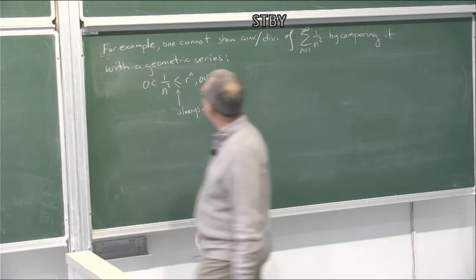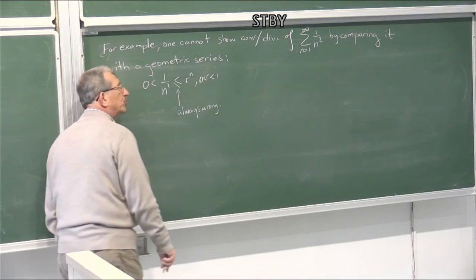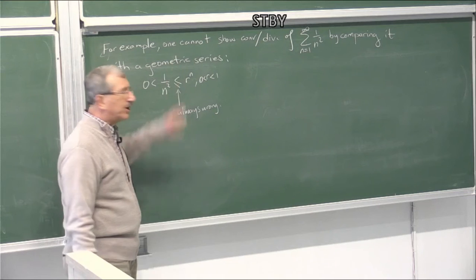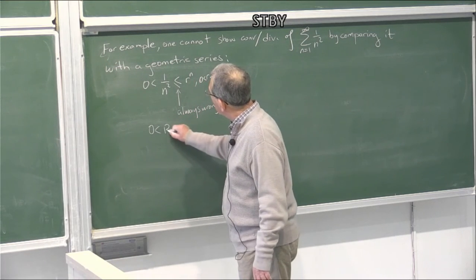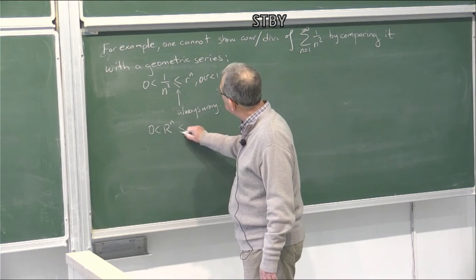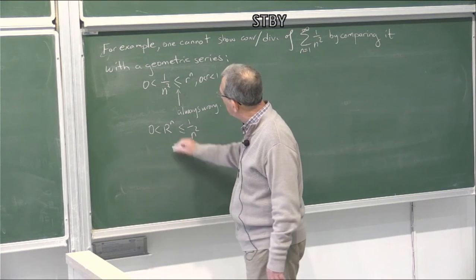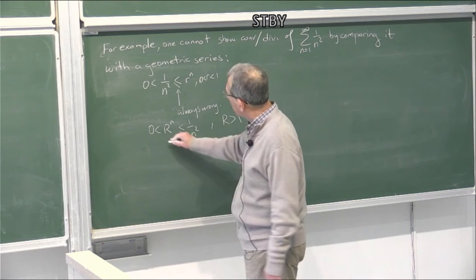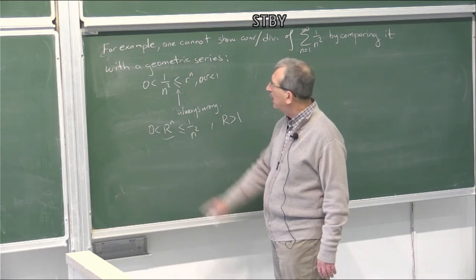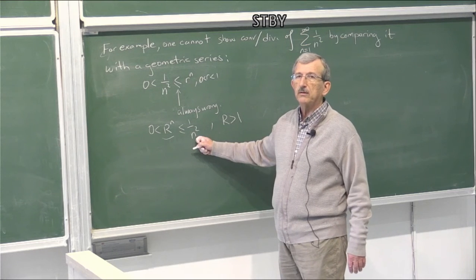Or, to show divergence, assuming we don't know the result, you need to show the following. A geometric series is less than 1 over n squared, and r is greater than 1, so that this is divergent. And this will be divergent as well.